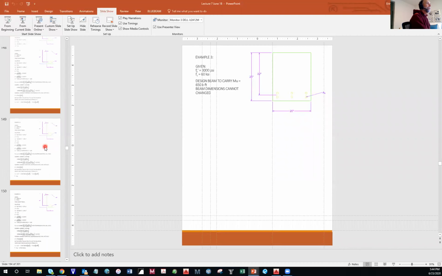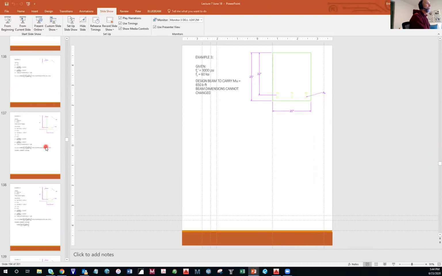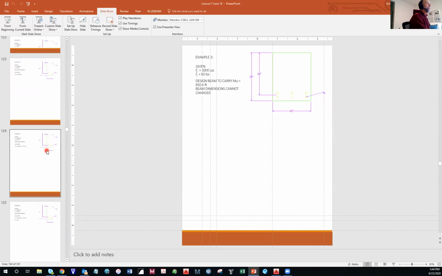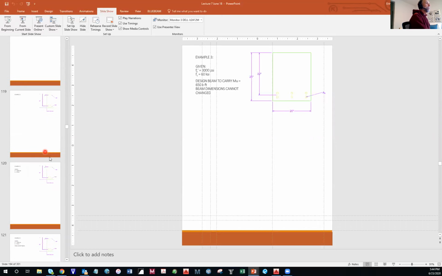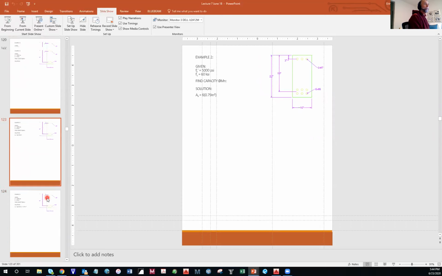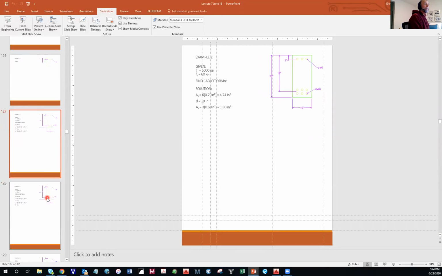Somewhere in here. And you guys have access to these lecture notes from Blackboard. So I think it was example number 2. I know it was last Thursday, but in example number 2, we did this analysis problem where I had 6 number 8s in the bottom, 3 number 7s in the top.